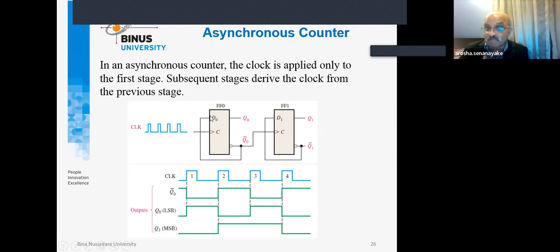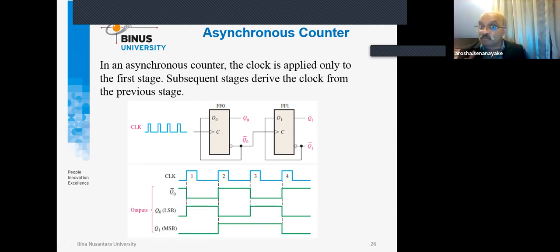So D0 is guaranteed. In that manner, you can see that only the first D-type flip-flop gets the clock, and the remaining D-type flip-flops will be activated based on the output produced from the previous D-type flip-flop.